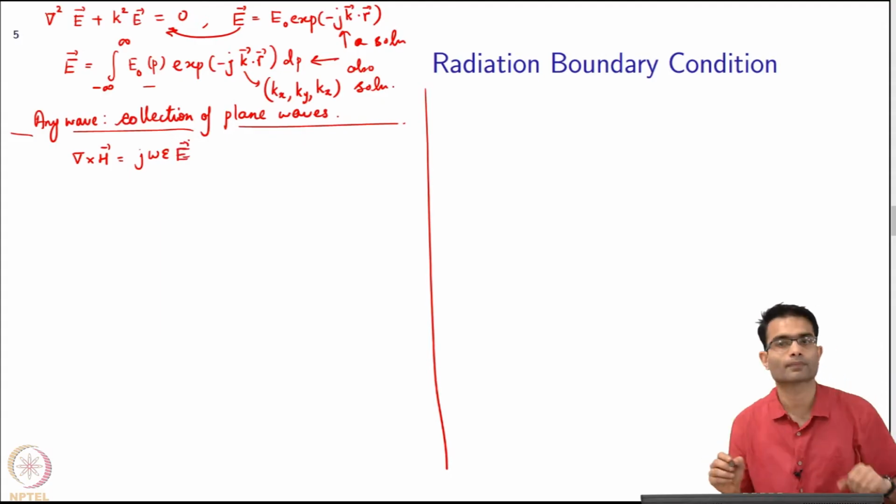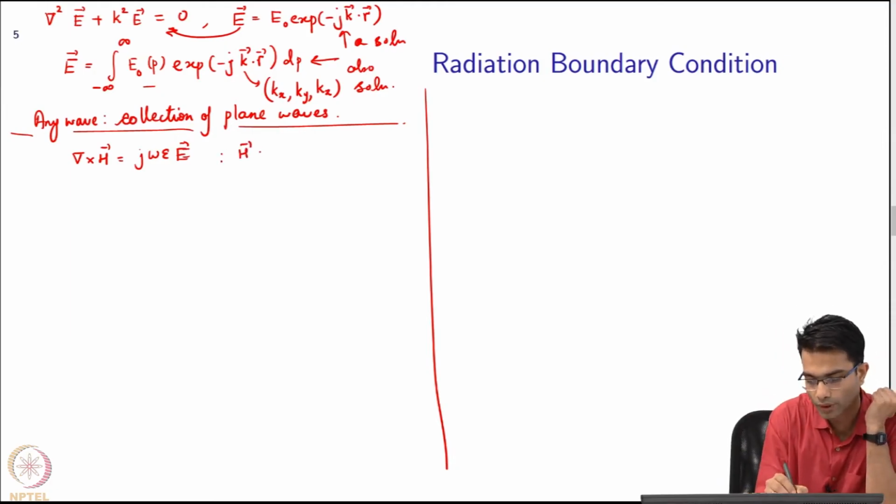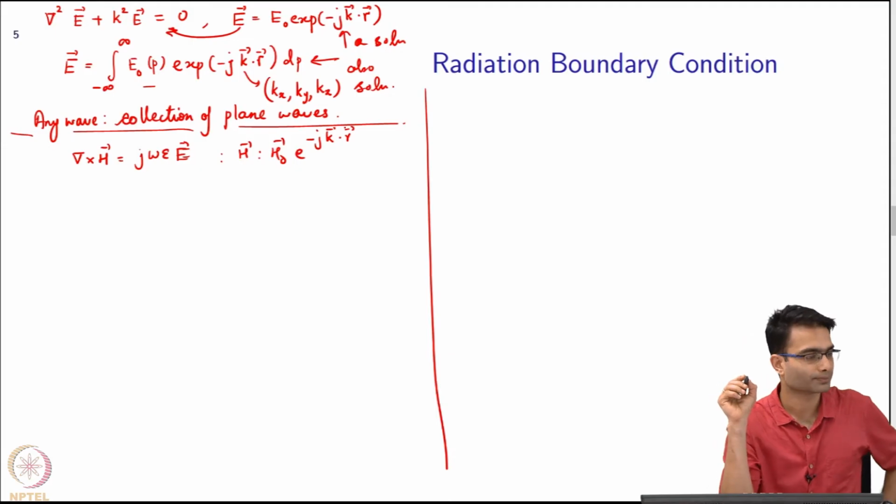Now H is of the form H naught e to the minus j k dot r. We know this. What kind of terms does curl of H have?